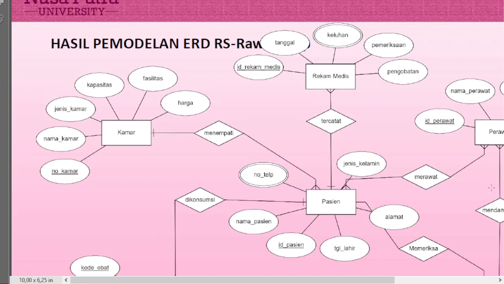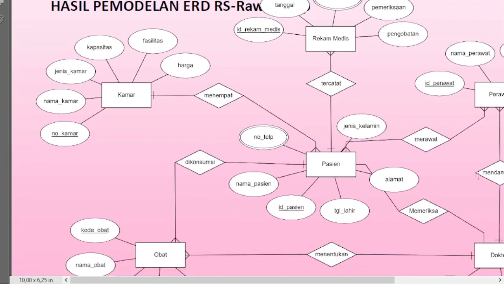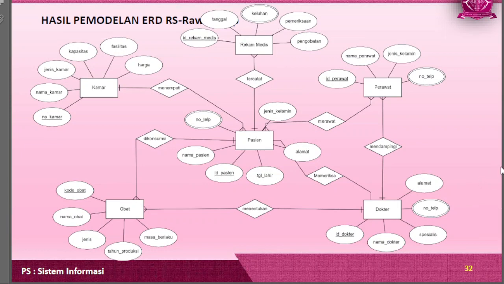So okay, and the last one here is, what is obat? Medicine. Okay, the last one is medicine. Medicine has a code of medicine, it could be a code series.